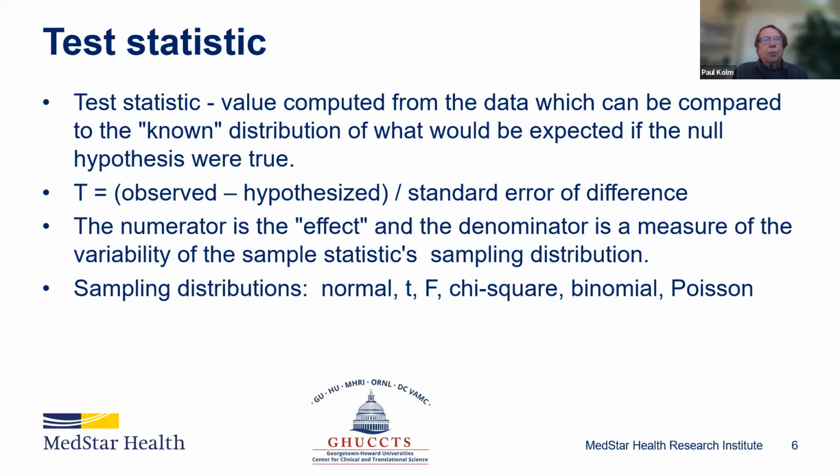And in a sense, the numerator then is the effect that we're interested in, and the denominator is a measure of the variability of the sample statistic's sampling distribution. And as I think we've talked about before, sampling distributions are, for example, the normal distribution, the t-distribution, the chi-square distribution, and so on. And so those are our known distributions and what we expect if the null hypothesis is true.